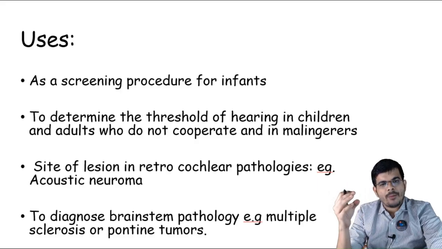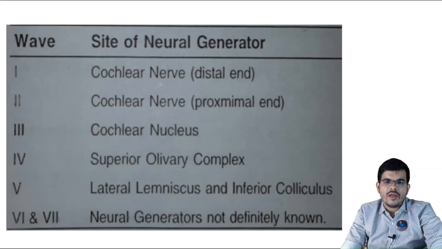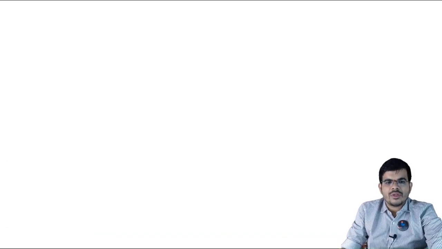So what will happen? Wave 1 will be present, but wave 2 will be delayed, because of that tumor, because wave 1 corresponds to the distal part of the cochlear nerve and wave 2 to the proximal part of the cochlear nerve. So there will be a prolonged latency between wave 1 and wave 5.